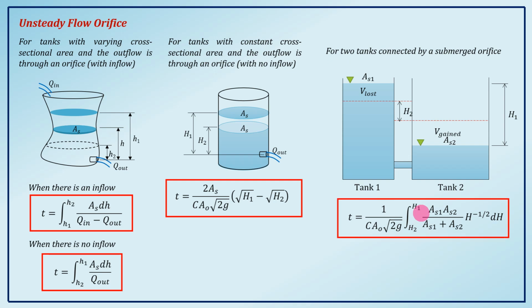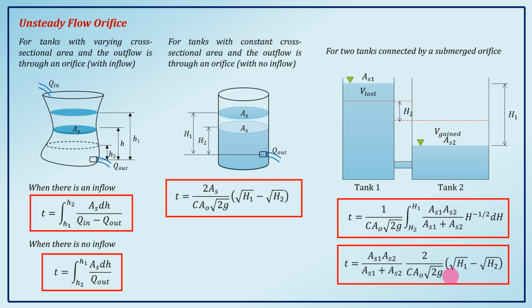That would be As1 As2 over As1 plus As2, multiplied by 2 over CaO square root of 2g, times the square root of H1 minus the square root of H2. If you are surprised by this equation for the time, it's actually the same as the one for a single tank, 2As over CaO square root of 2g. They have the same multiplier, but the As for 2 tanks has a modification involving As2 as well. So the cross-sectional areas of tank 1 and tank 2 both contribute to the time.